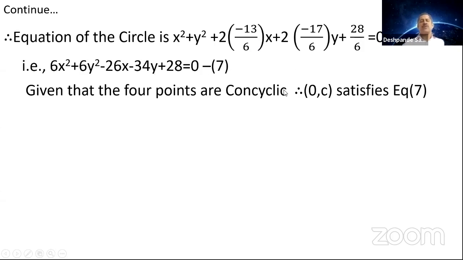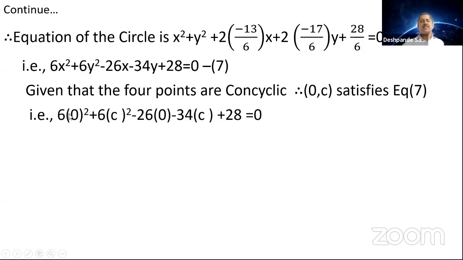So it means that you can put the value of x as 0 and the value of y as C. So put x is equal to 0 and y is equal to C. So 6 into 0 square plus 6 into C square minus 26 into 0 minus 34 into C plus 28 is equal to 0. So this term is 0, this term is 0.